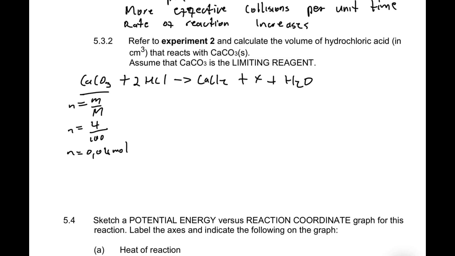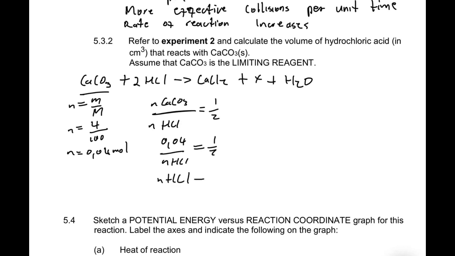We can say that the number of moles of CaCO3 divided by the number of moles of HCl is equal to 1 divided by 2. So 0.04 divided by the number of moles of HCl equals 1 divided by 2. We cross multiply, right? So the number of moles of HCl will be 0.08 moles.